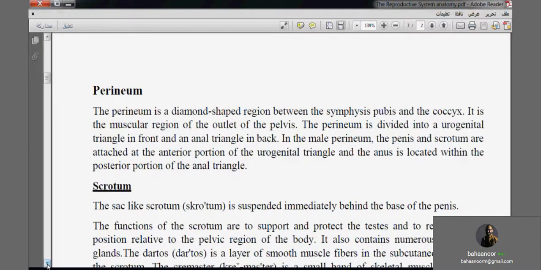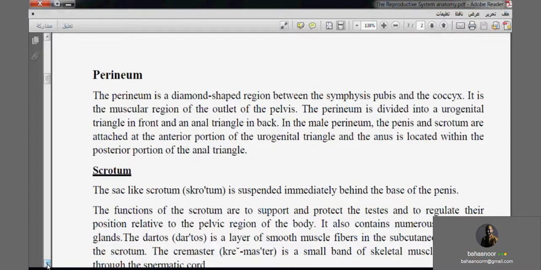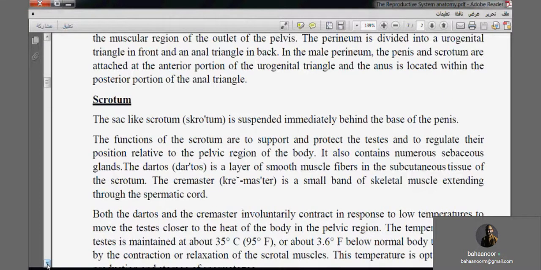Scrotum اللي قلنا على شكل sac أو pouch is suspended immediately behind the base of the penis. The functions of the scrotum are to support and protect the testes, and to regulate their position relative to the pelvis of the body.